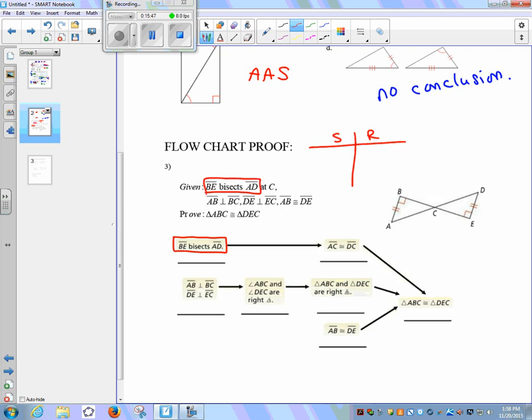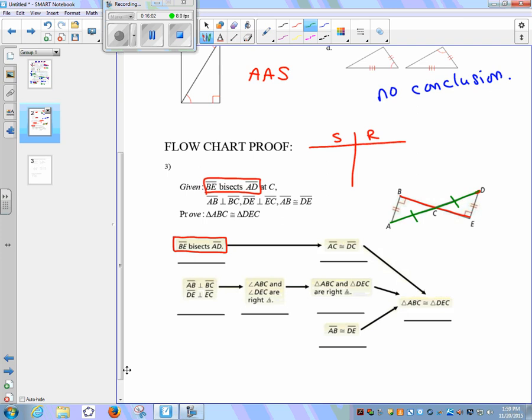Let's look at our diagram. BE bisects AD. So the thing that's getting cut in half, or bisected, is AD. So we can mark these two things congruent.